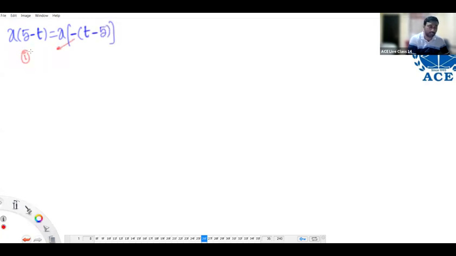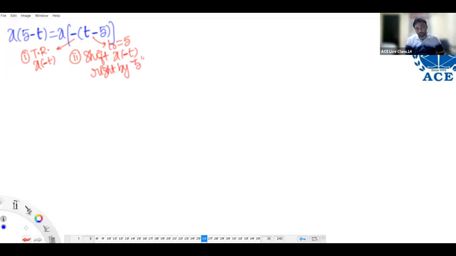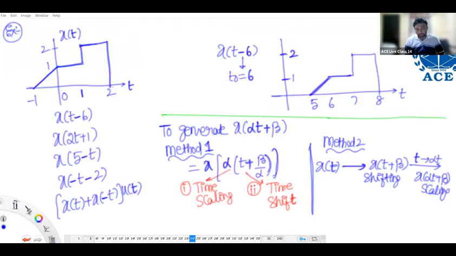So x of minus t means time reversal. Here t naught is positive, so shift x of minus t right by 5 units. So what is x of minus t meaning?